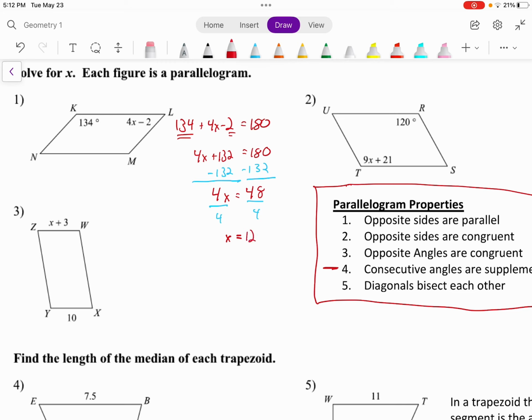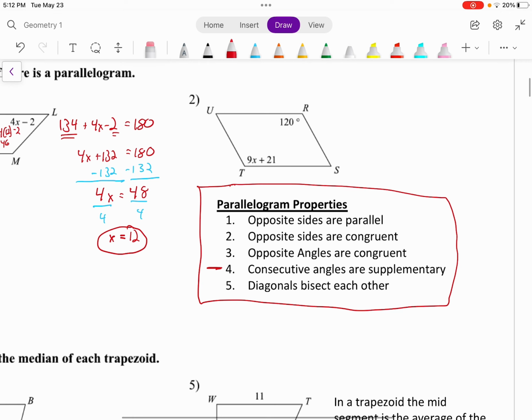Now, when you get that answer, you can plug it back in and make sure it works. So 4 times 12 minus 2, that's 48 minus 2 is 46. And then 134 plus 46 does equal 180. So x equals 12 is our answer for number 1.